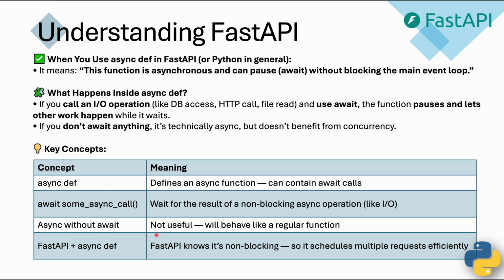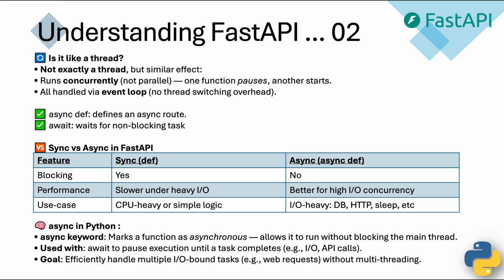Async without await is not useful and will behave like a regular function. FastAPI plus async def: FastAPI knows it's non-blocking, so it schedules multiple requests efficiently.